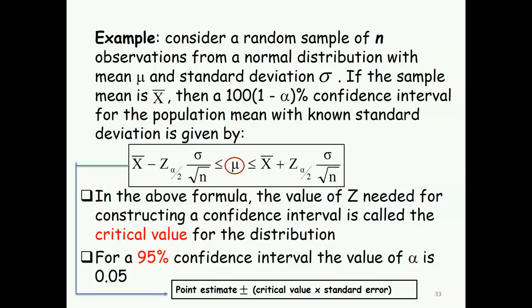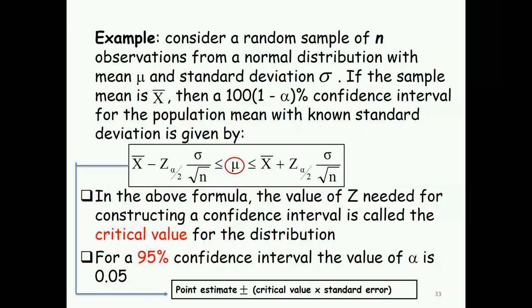If alpha is 5, then it will be 95%. If alpha is 10, then it is 90%. If alpha is 2, then it is 98%. If I give you alpha 1, then the confidence interval is 99%.